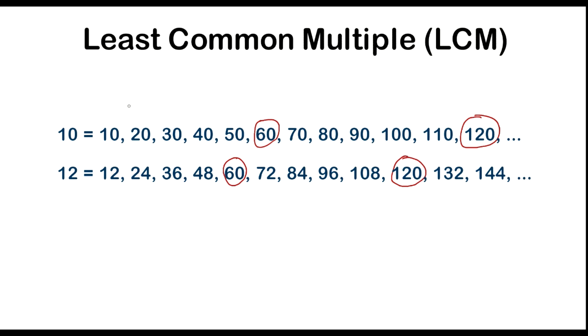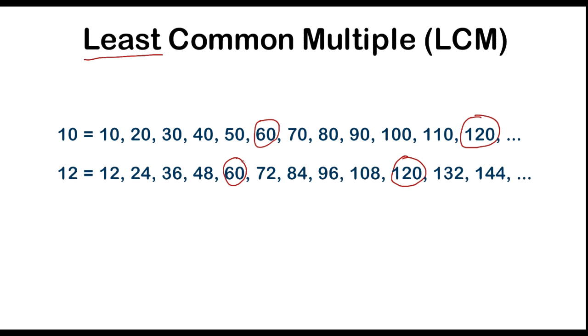But our target is finding the least common multiple, the smallest common multiple. So we will go on until we find a common multiple. If we find a common multiple between them, there is no need to go further.